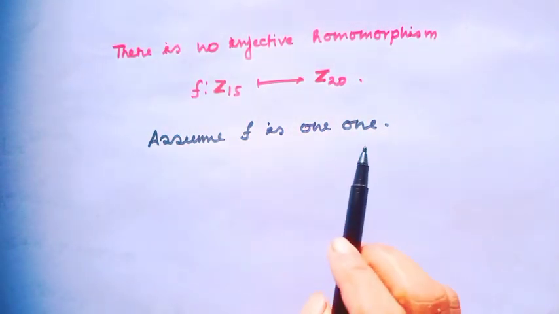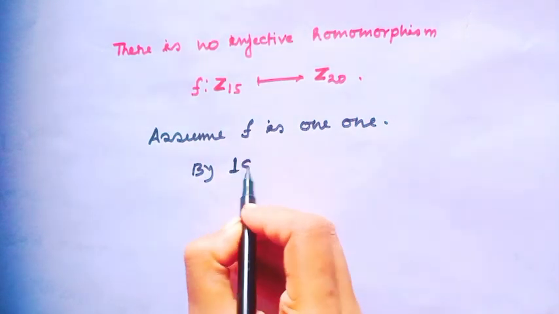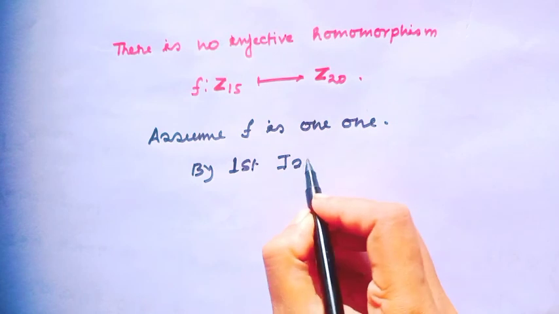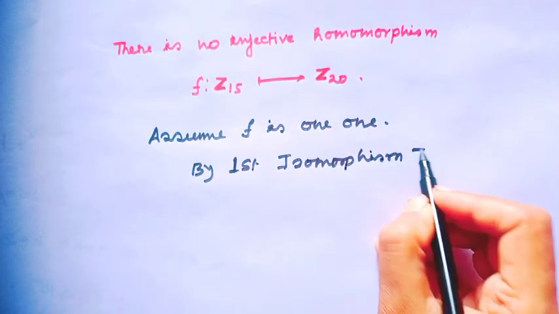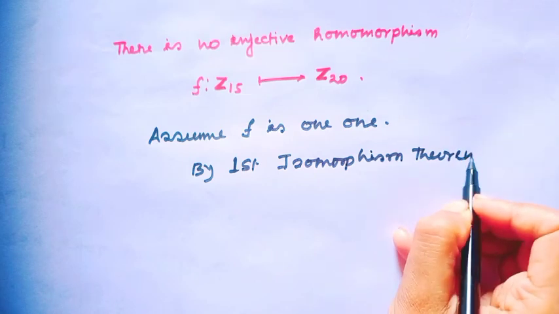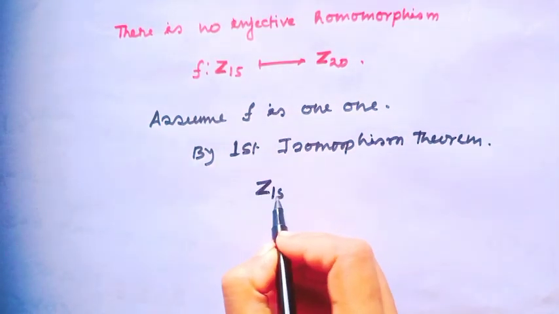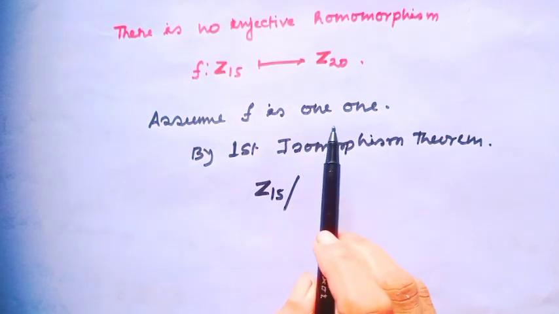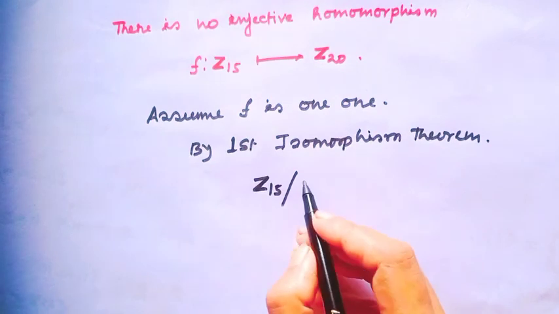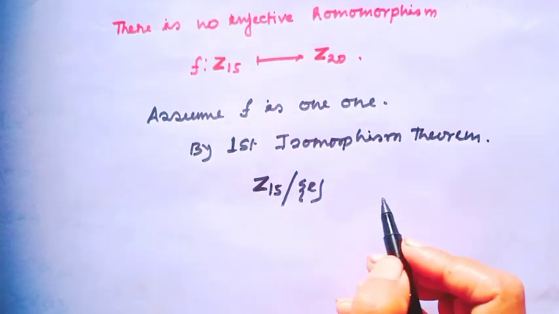If such f exists, then by the first isomorphism theorem, Z15 mod the kernel, since f is one-one, the kernel would be only the set containing the identity.